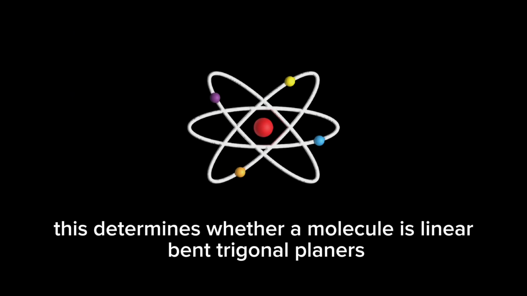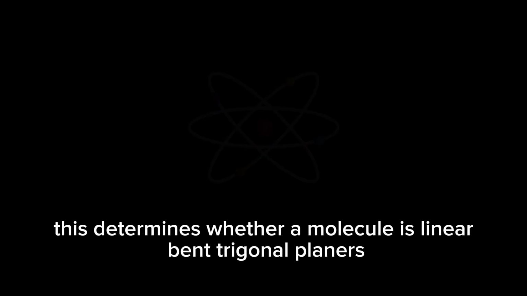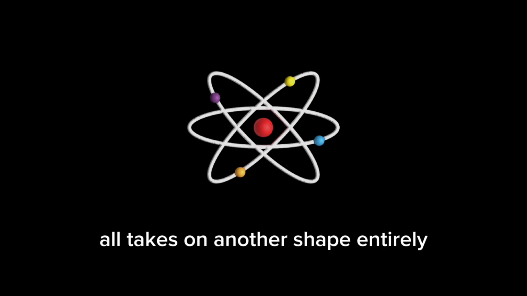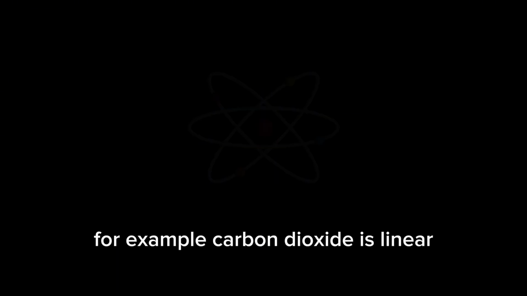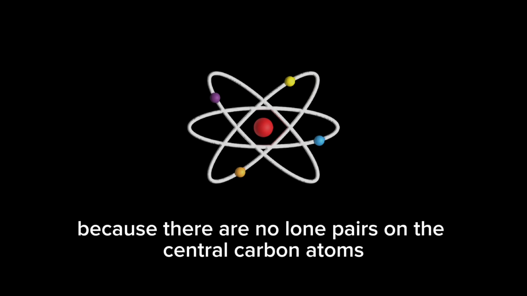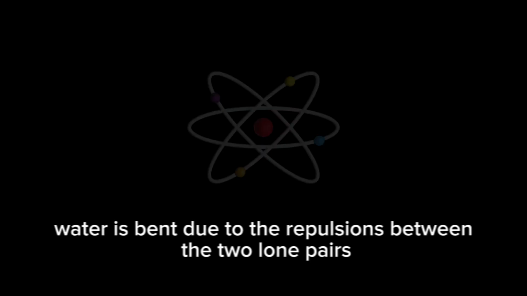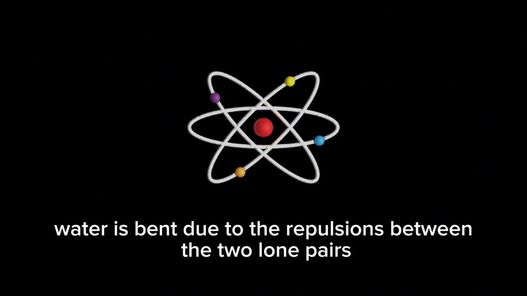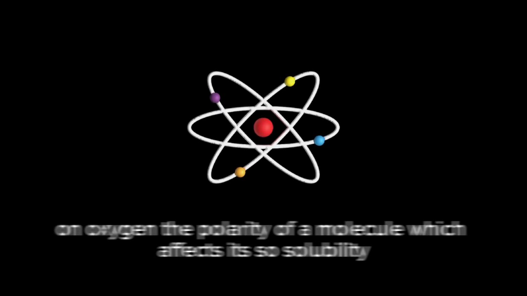This determines whether a molecule is linear, bent, trigonal planar, or takes on another shape entirely. For example, carbon dioxide is linear because there are no lone pairs on the central carbon atom, while water is bent due to the repulsion between the two lone pairs on oxygen.